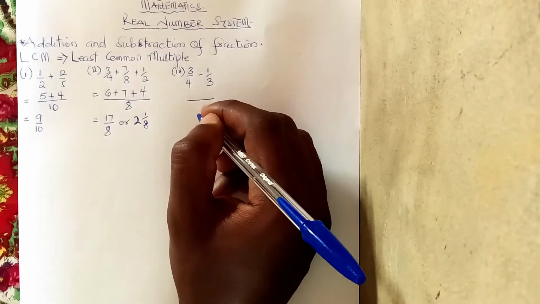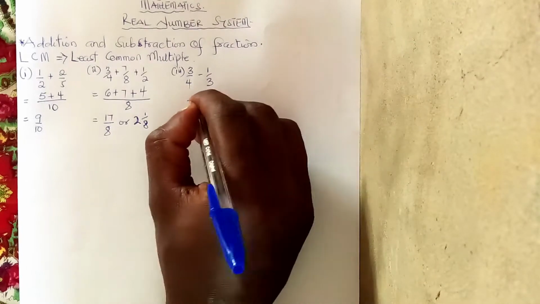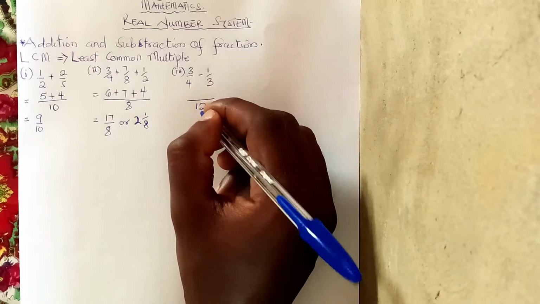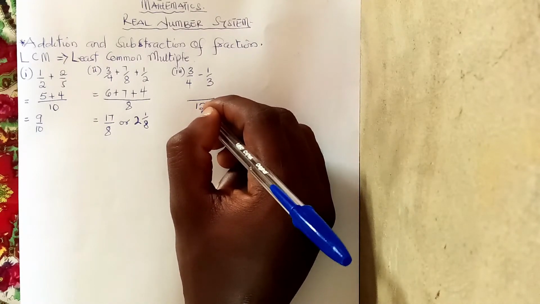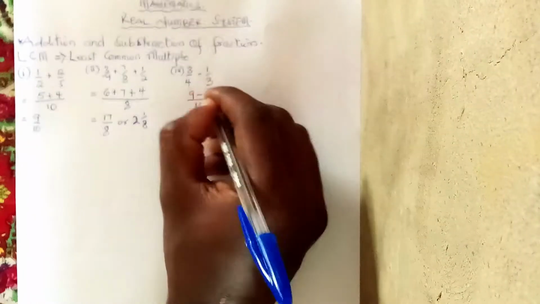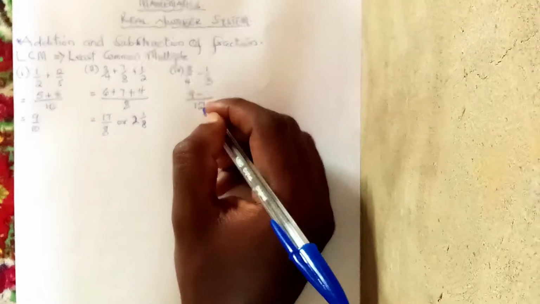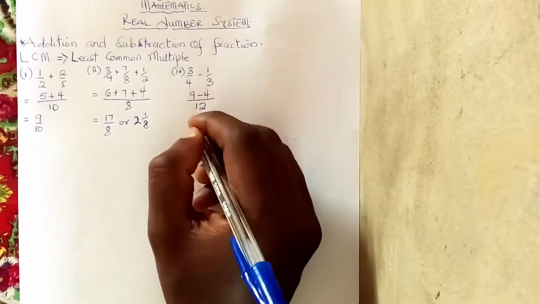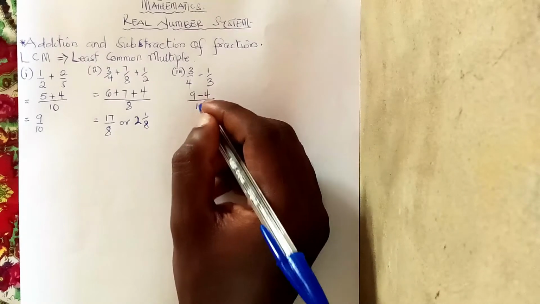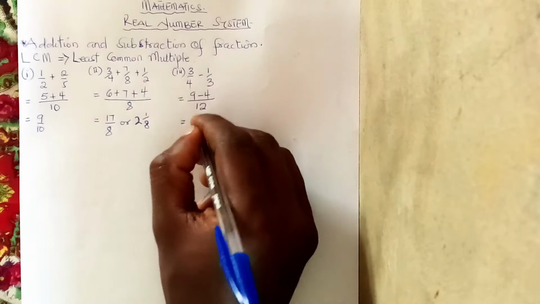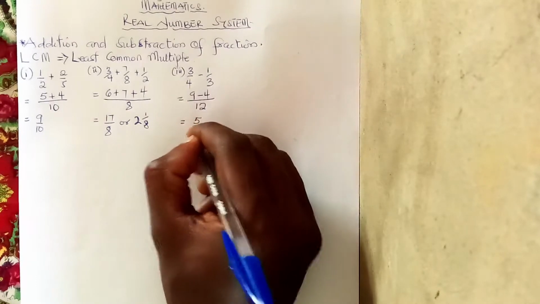But the least one among them is 12. So we use the least, that's 12. 4 divides 12 3 times. 3 times the numerator, that's 3, is 9. So we have 9 minus 3 divides 12 4 times the numerator, that's 1, is 4. So we subtract the 4 from the 9, giving us an answer of 5/12.